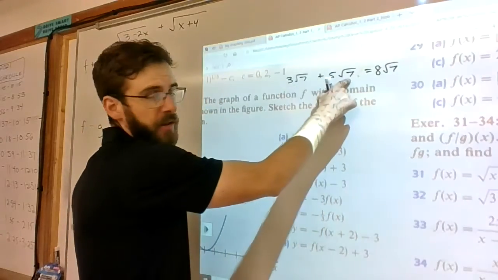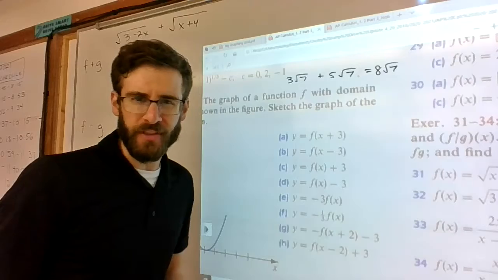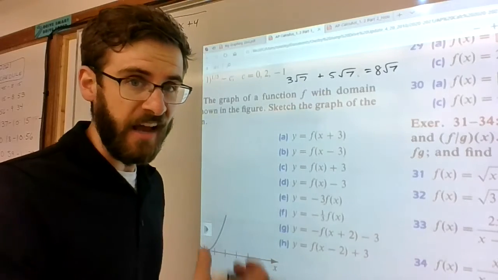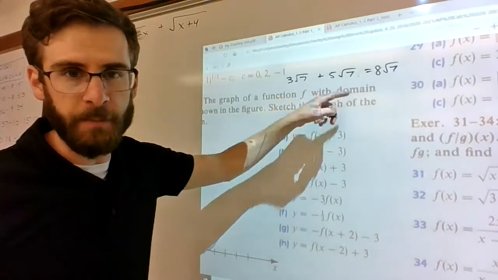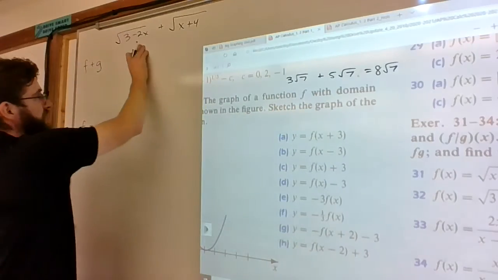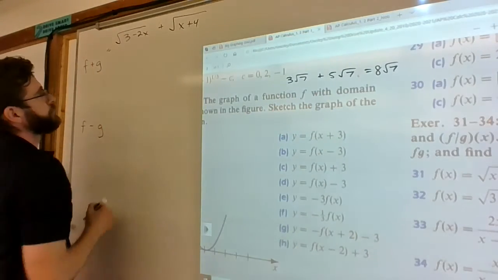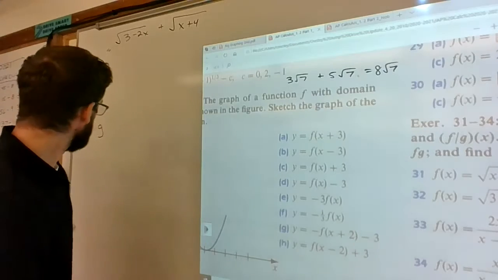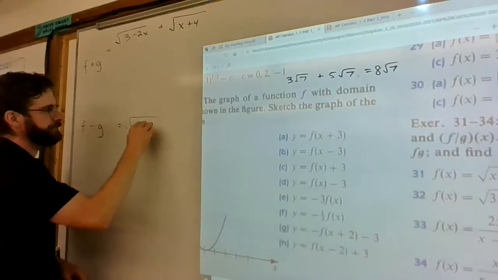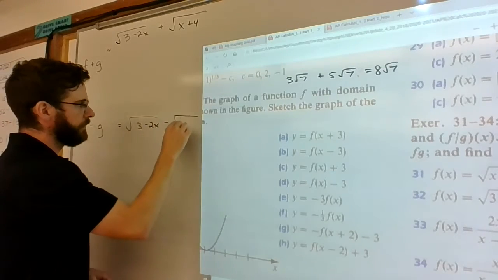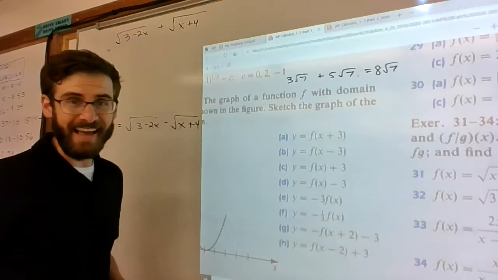But unless they have identical radicands, the thing inside the radical expression, you can't combine the outside. So this is what it is. Ta-da! So then if it's subtraction, you just put a minus in between them. Yes, it is that easy.